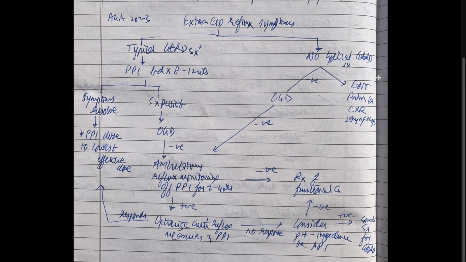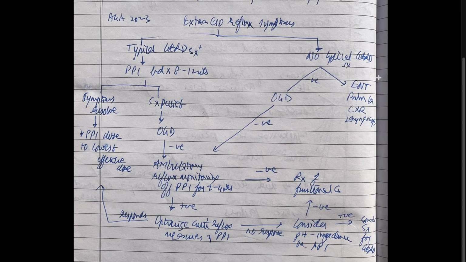So if the patient has typical symptoms of GERD and they respond to the PPI that you give them for 8 to 12 weeks, you reduce the dose of PPI to the lowest effective dose. If the symptoms persist despite the PPI, then you do an OGD. And if the OGD is normal, you submit them to ambulatory reflux monitoring on the PPI for 2 to 4 weeks.